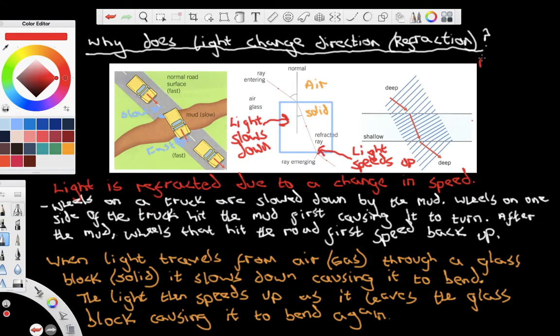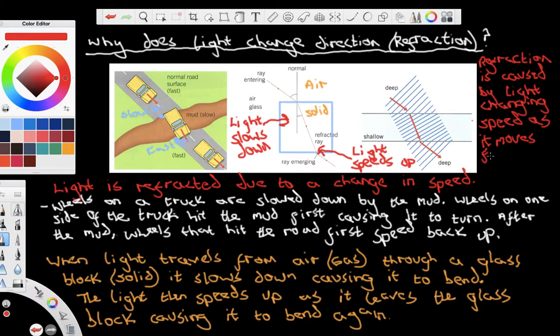We can say refraction is caused by light changing speed as it moves from one medium to another.